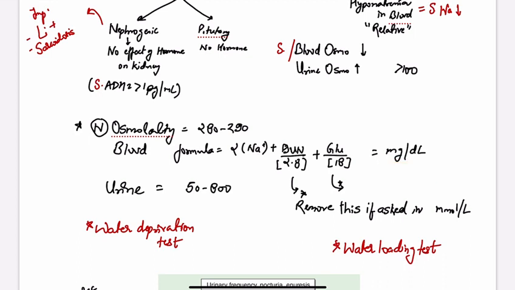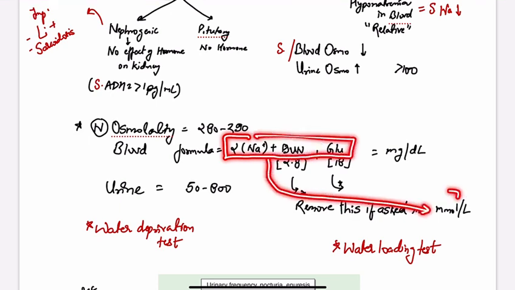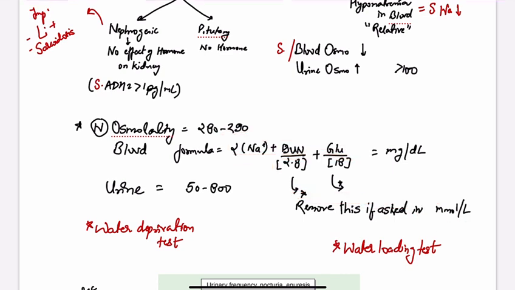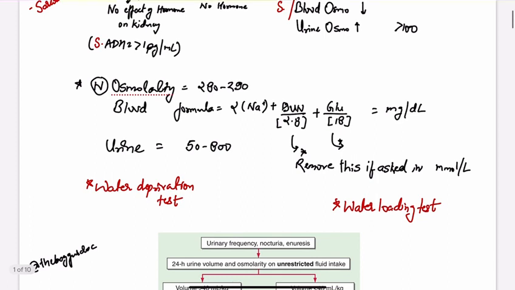But if someone is asking the answer in millimole per liter, you have to remember that the 2.8 and 18 will not be there, and the formula will be simple like that: 2 into sodium plus BUN plus glucose. If the options are in millimole per liter, the urine osmolality will be around 50 to 800.